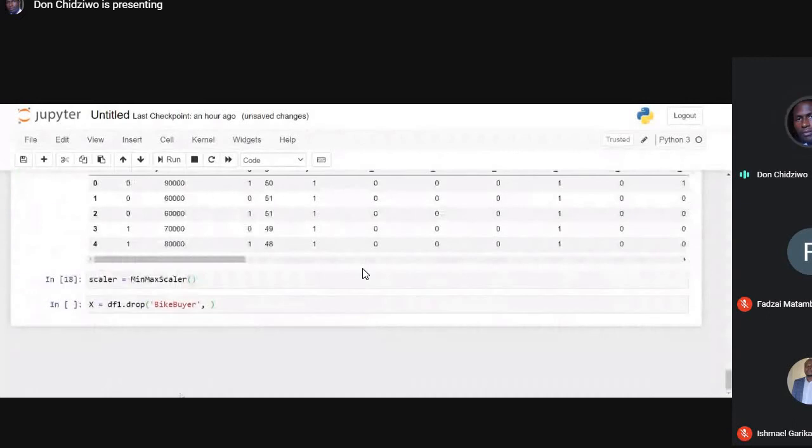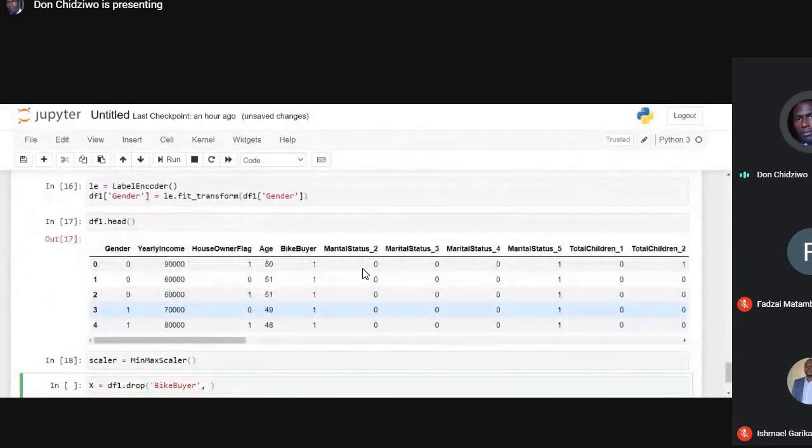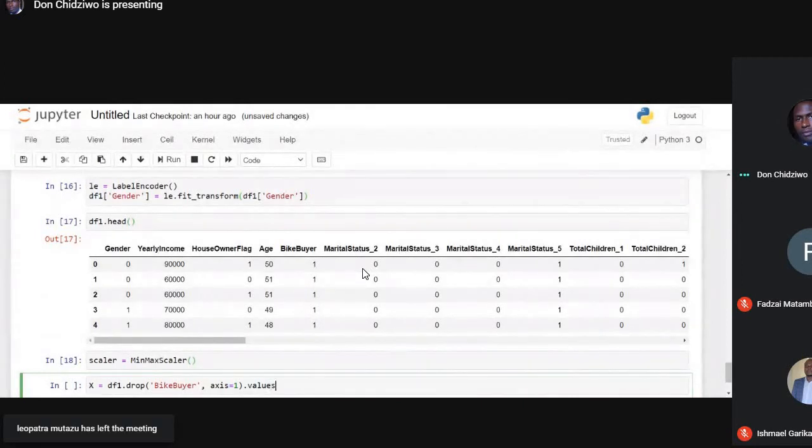Anyway, on this one. X equals df1 dot values, right?